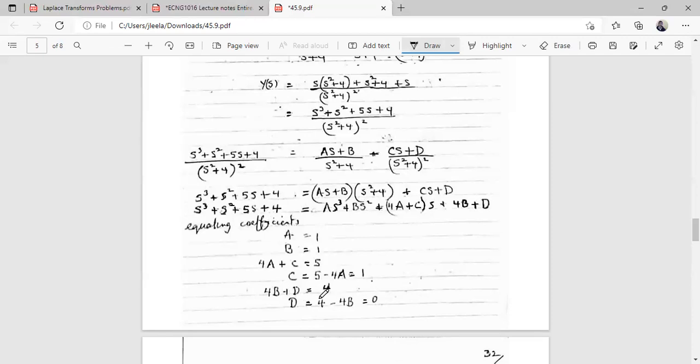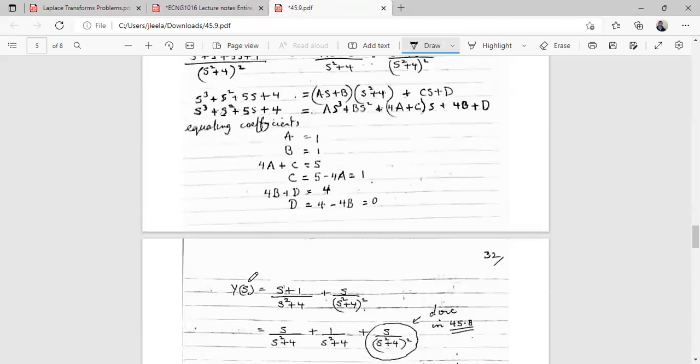So d will be 4 minus 4b, and b is 1, so 4 minus 4 is 0. So your d is 0, your c is 1, your b is 1, and your a is 1.